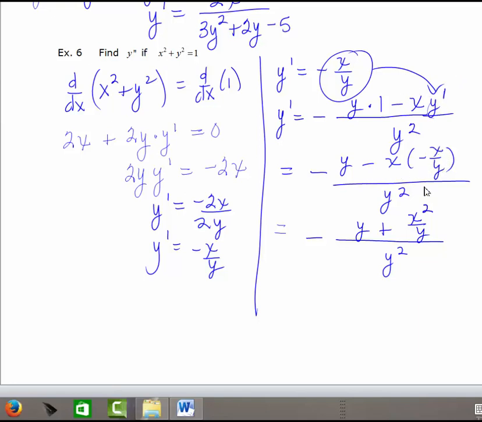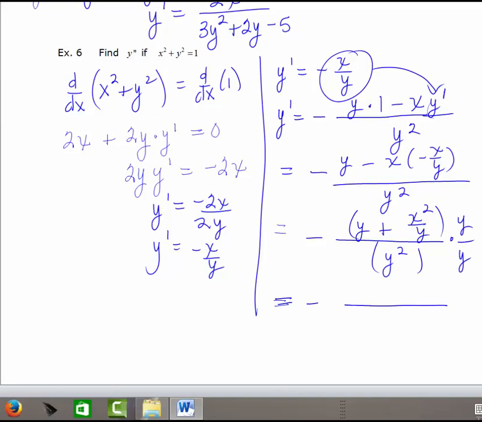simplifying negative x times negative x over y gives me x squared over y. And I also don't want to leave my answer as a complex fraction. So one of the methods of simplifying a complex fraction is to multiply the numerator and denominator by the LCD. The LCD of all fractions is y.